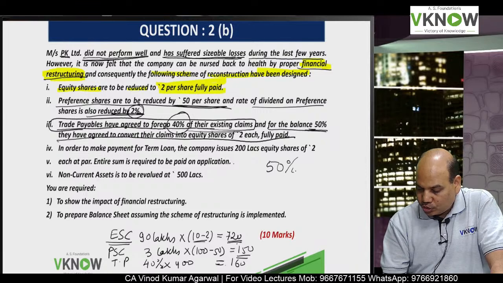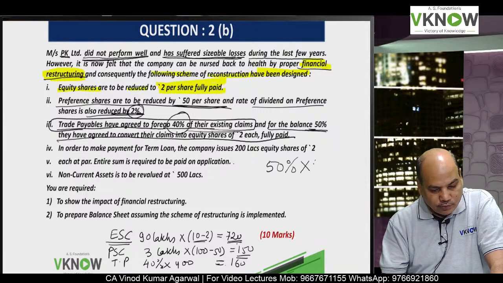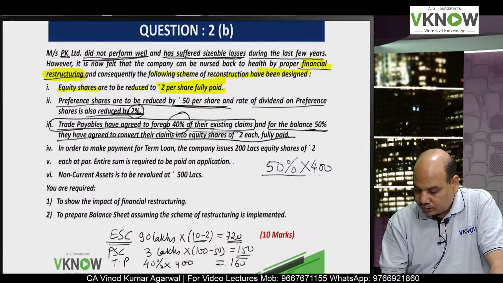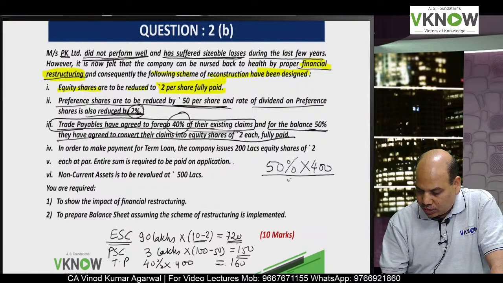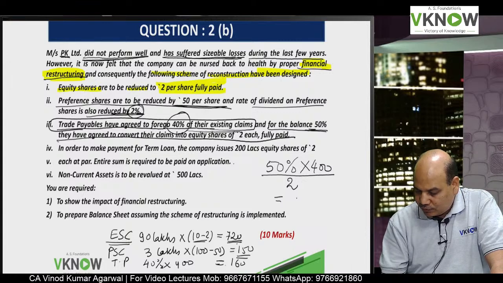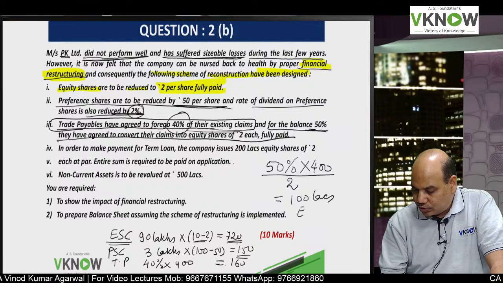So they will have to be issued equity share 50% of 400, that is 200 divided by equity share 2. So they will have to be issued 100 lakhs equity share of 2 rupees each.